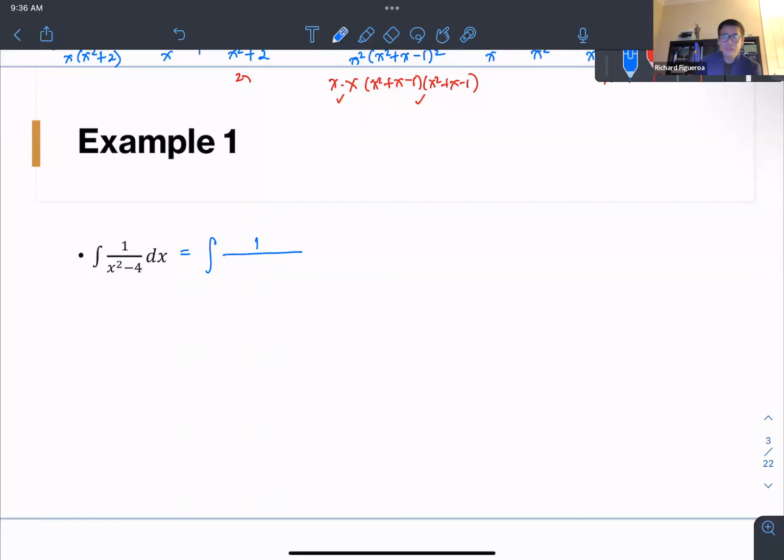But then, is it factorable? Yes or no? Actually, it is factorable. So what's a factor of x squared minus 4? Anyone?